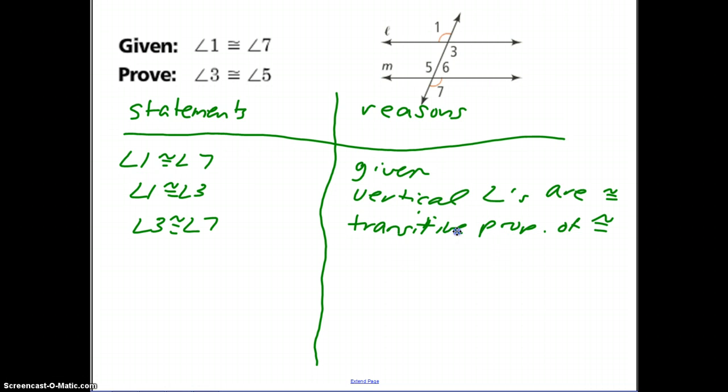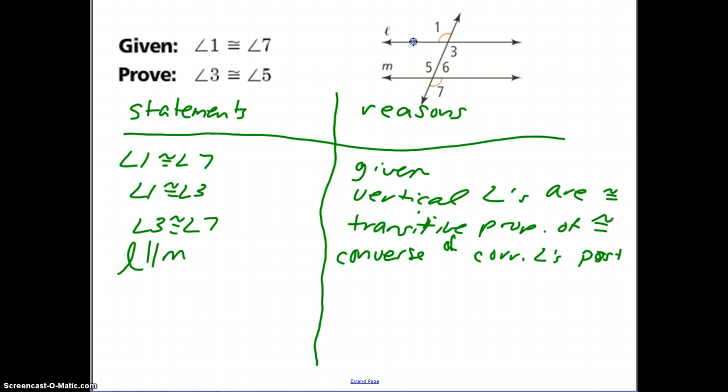Okay, now since angle 3 and angle 7 are congruent, that lets me know that line L is parallel to line M. And again, that was my converse of my corresponding angles postulate.